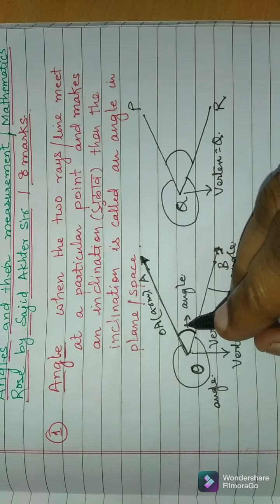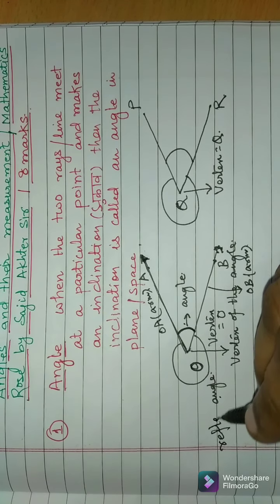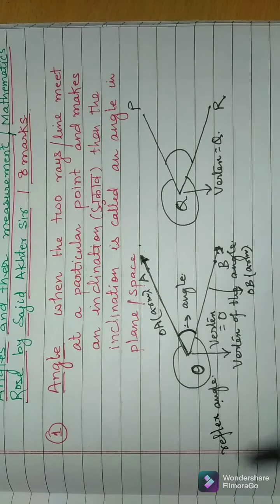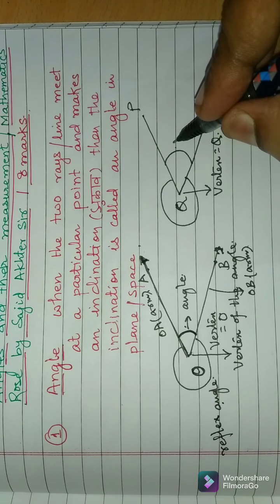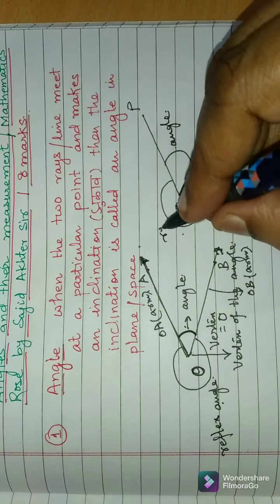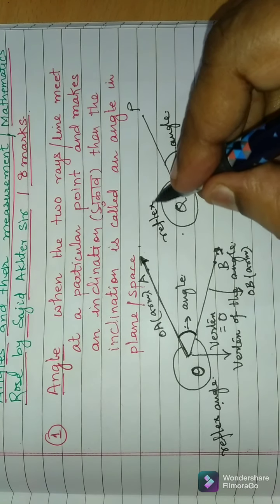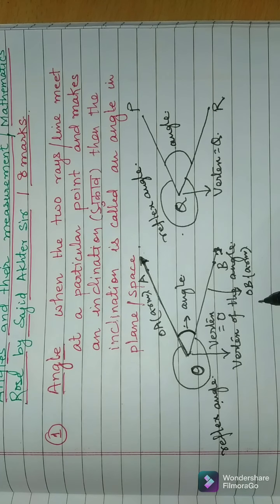And this angle is known as a reflex angle, because you know that it is more than 180 degrees but less than 360 degrees. Here, suppose this is the angle, and this is its reflex angle. Now we will have to understand the types of angle.